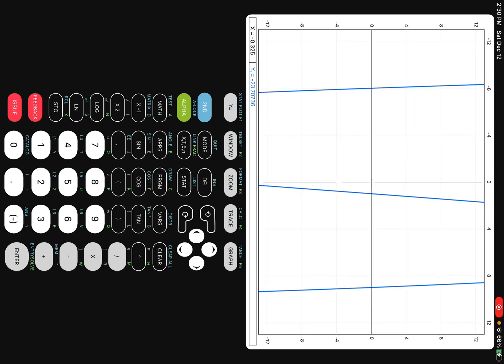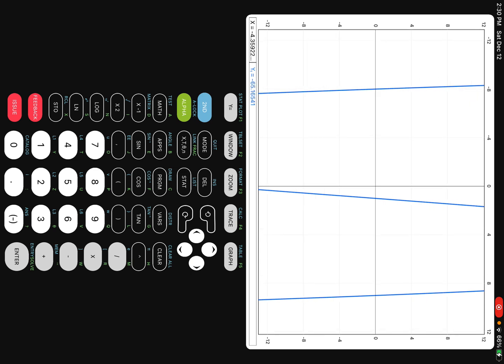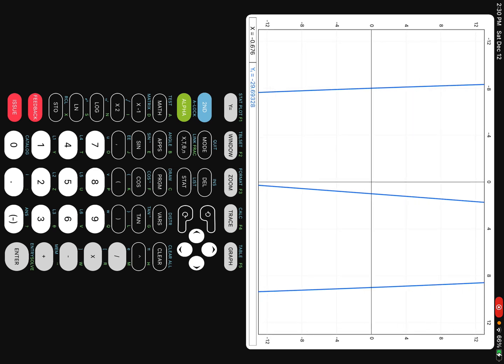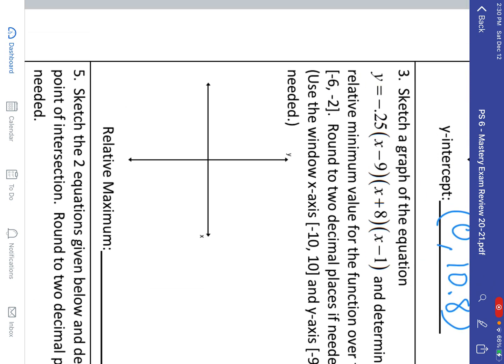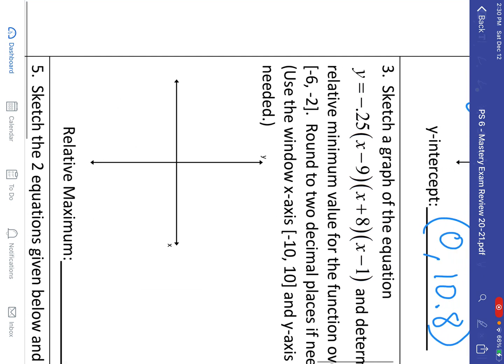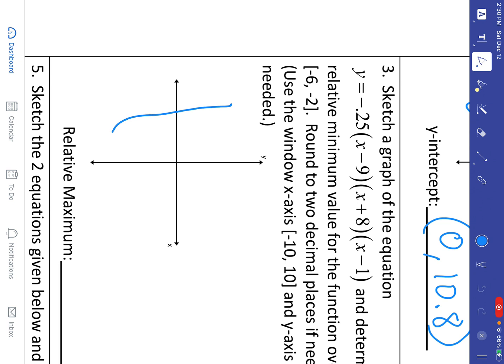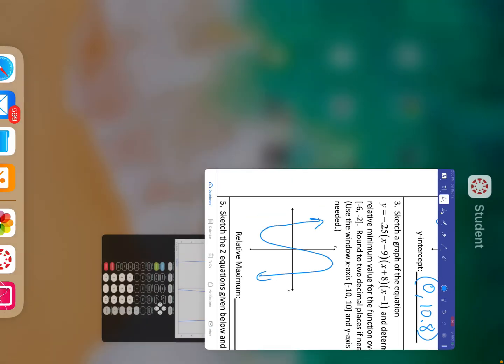For some reason, I'm able to pinch out, but I can't go in. I don't know why. All right, that's the best I can do. Okay. Anyway, let's go back and sketch our graph. It looks something like this. Okay, that's good enough for what we're doing.